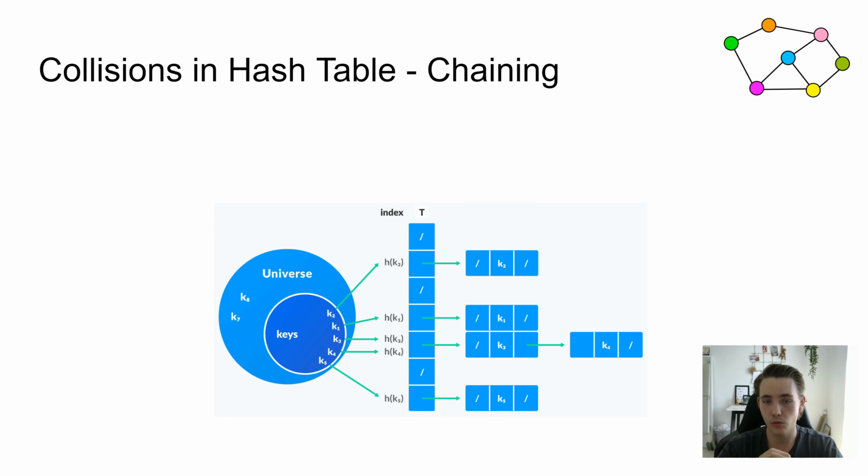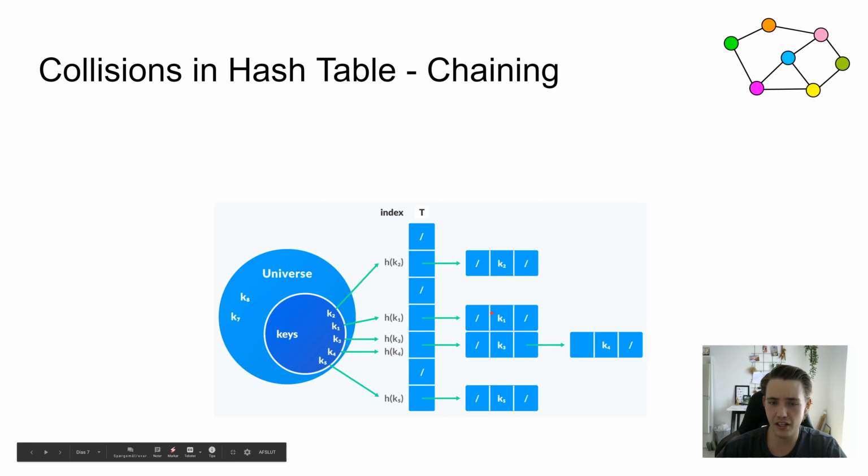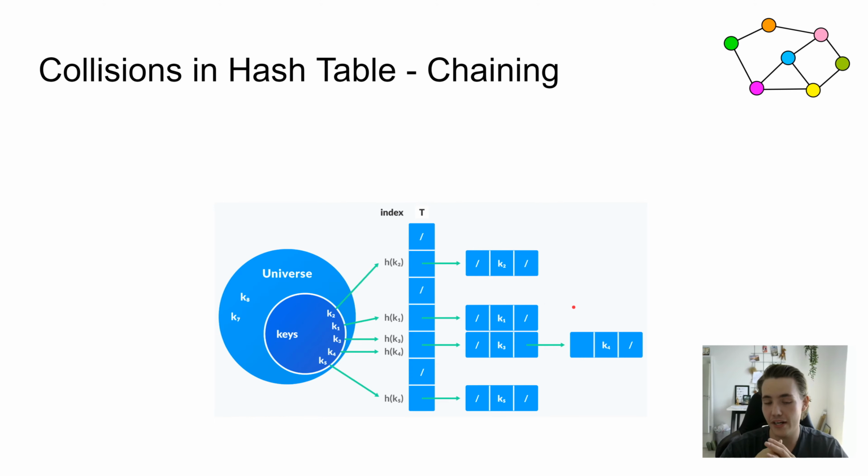We can prevent this by using something called chaining, where when we point to an element in our index, we just use a list, like a linked list or array, as our element, and if there's a collision in our hash table, we just add that element to our list or array. So let's say for example we have key 3 and 4.